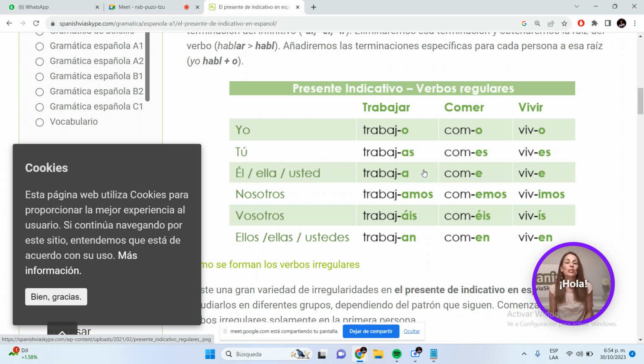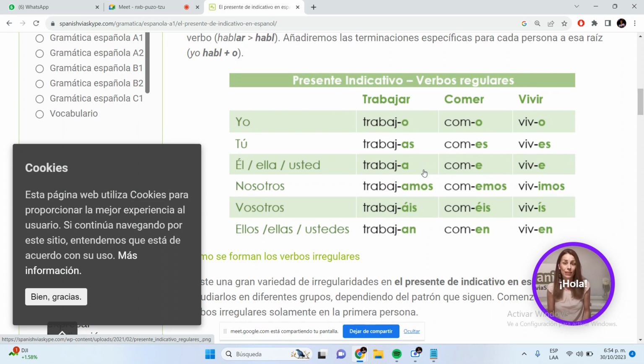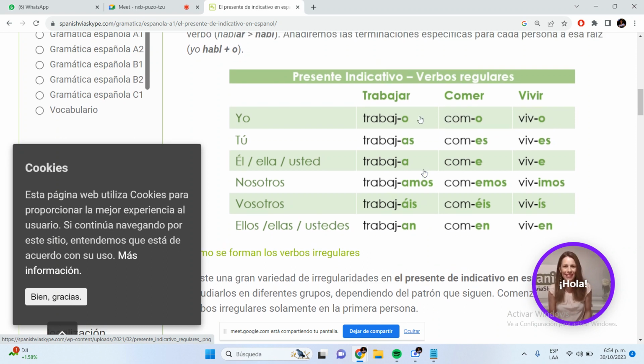Do you remember that we have regular verbs? We're going to start with regular verbs because they are the easy ones. So we have verbs in infinitive, and those verbs can end with ar, er, ir. Here we have three examples of those verbs.